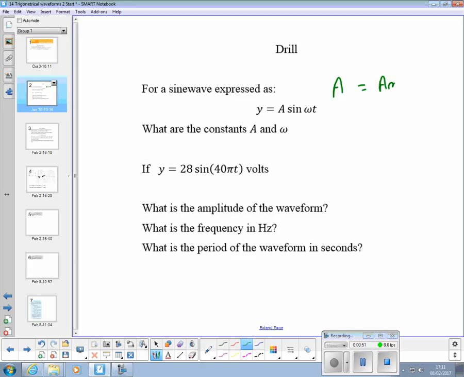Amplitude, or the maximum value of that sine wave. So to tell you what the peak is, if we talk about a voltage, that would be the peak voltage. And what is omega? Angular frequency.